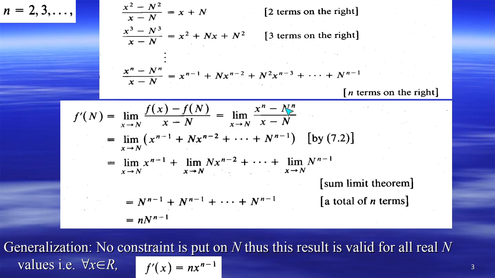So we obtain x to the power n minus N to the power n, and at the denominator we have x minus N. Great. And we take its limit when x goes to N. Very well. So what is x to the power n minus N to the power n over x minus N?